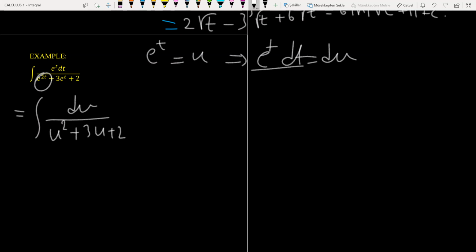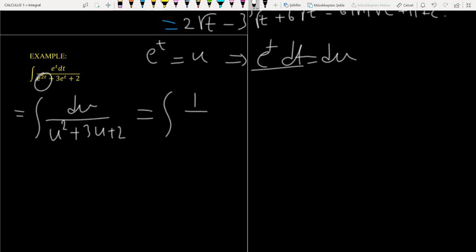As you see, it's a rational function, and the degree of the numerator is smaller than the degree of the denominator. In this case, you find a decomposition for the rational function using the same idea.